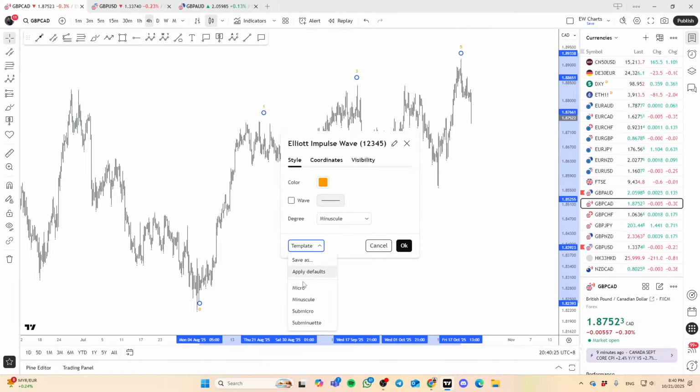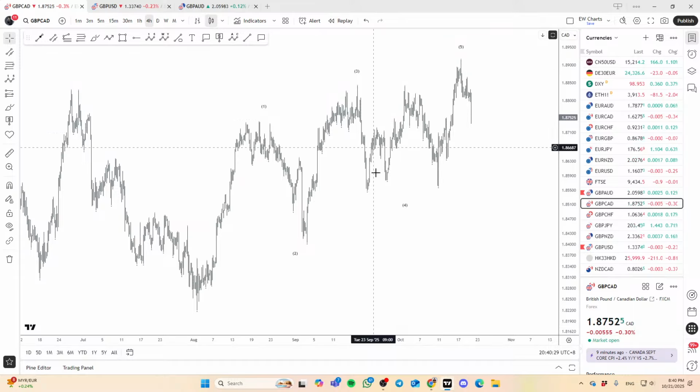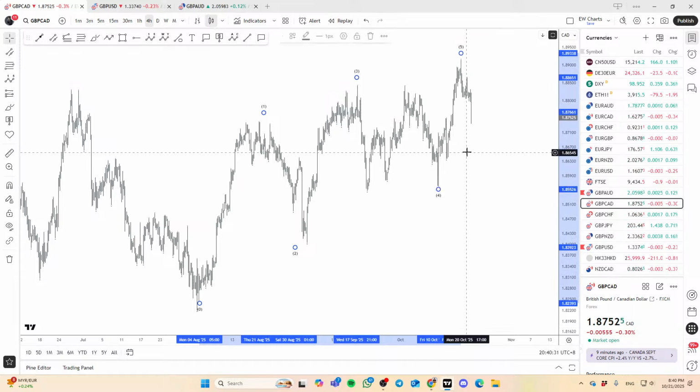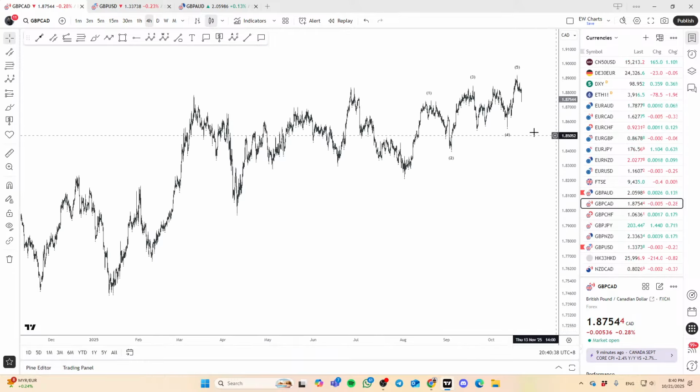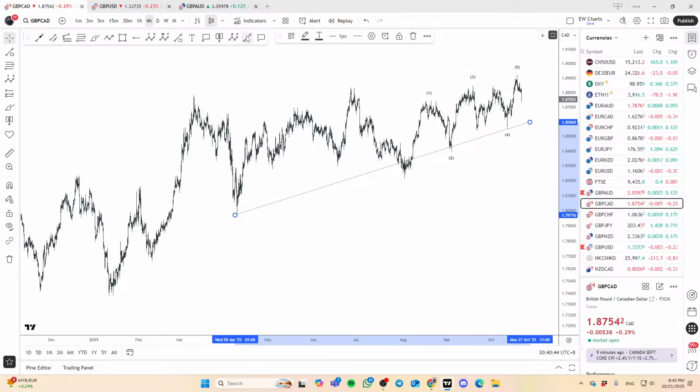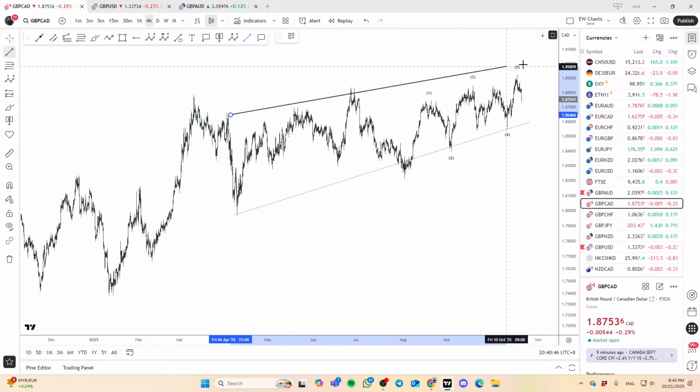Whether this is a five-wave move, or a bigger structure degree itself, generally this entire leg looks very, very corrective.